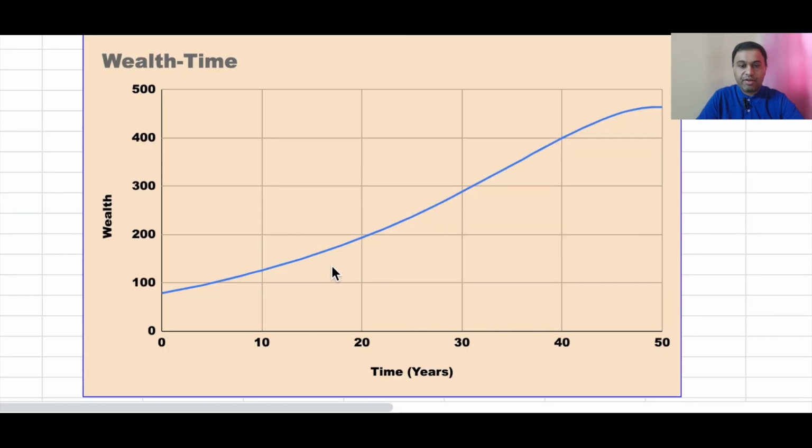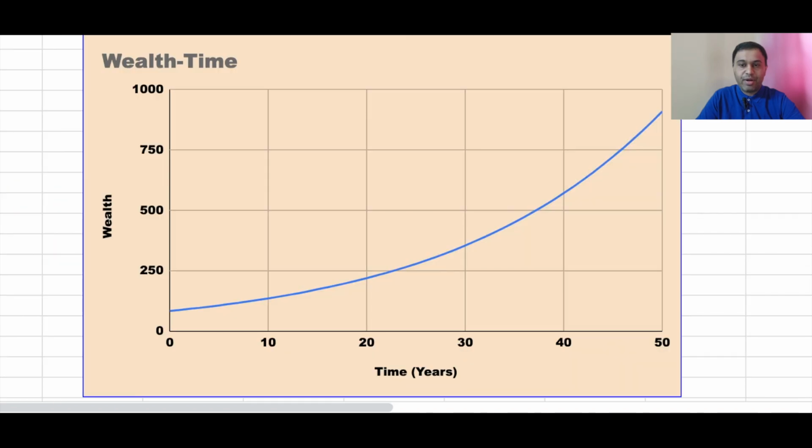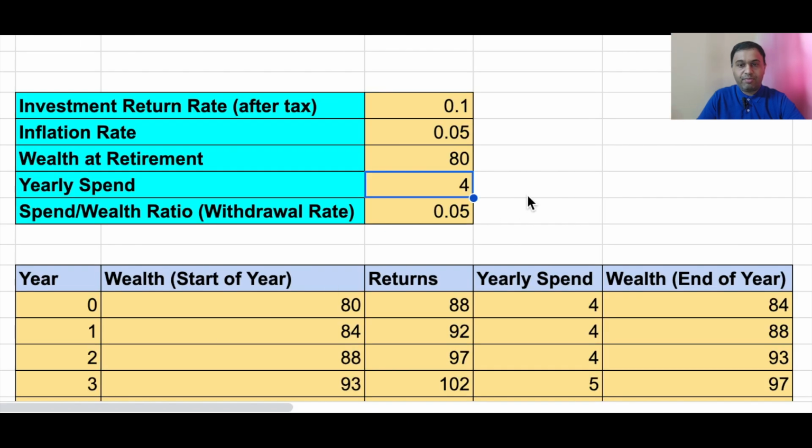As you can see now, it's lasting nearly 50 years. Pretty good. So maybe if we go to 80, now this is our ideal case scenario where you never run out of money. So based on how much you're confident of making after retirement in terms of investments on your wealth and the inflation rate that you feel confident about, you can arrive at the wealth you need where you pretty much don't run out of money.